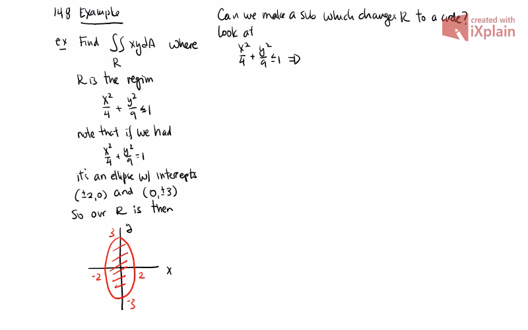I'm going to rewrite this as (x over 2) squared plus (y over 3) squared less than or equal to 1.